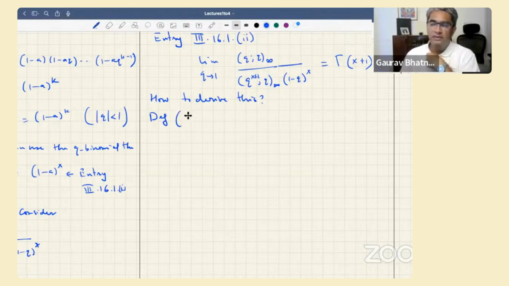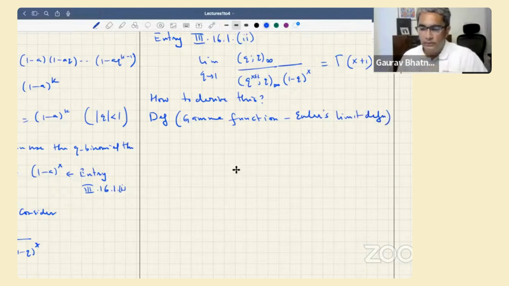But let me define the gamma function, the Euler limit definition. This is also a common definition used in special functions, and certainly Ramanujan was aware of it.